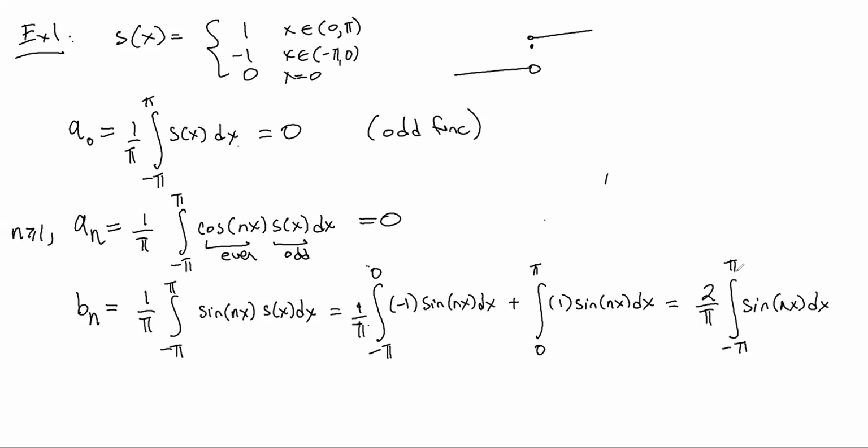And what's that? Well, I learned how to do that a long time ago. But now it's 2 over pi. The integral of sine nx is minus cosine nx over n. Oh, I'm sorry, this should be from 0 to pi.